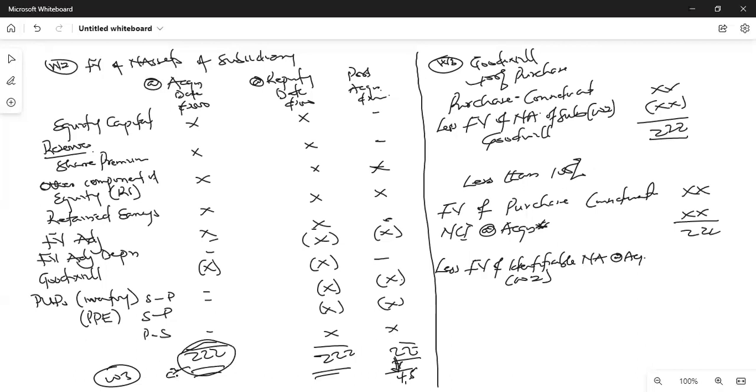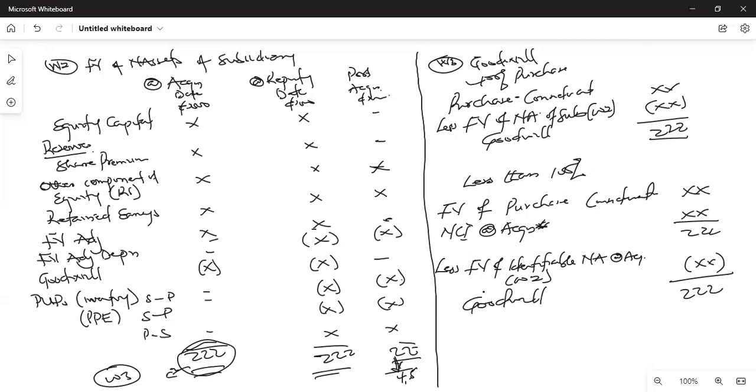That is why I'm saying that if you don't get this one correct, you'll be carrying on figures that are wrong and it will mess up. So you now less it. All right, then you now get what you call your goodwill.